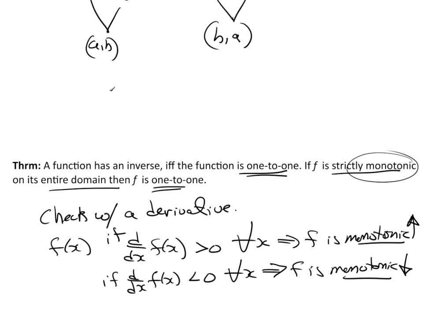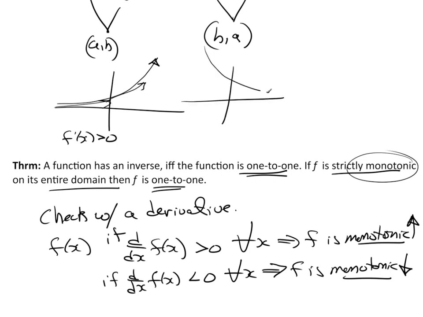And just very briefly, a quick graph. Something that perhaps looks like this would have a first derivative that's positive everywhere because I'm constantly increasing. A function that perhaps looks like this would have a first derivative that is negative, because the slopes of the tangent lines are going to be negative everywhere.